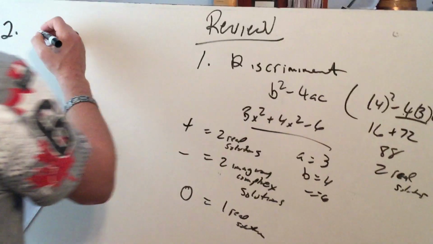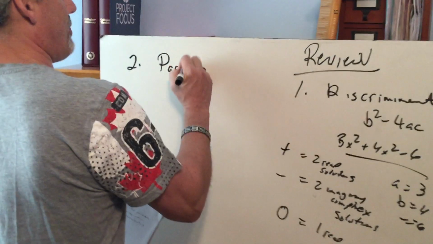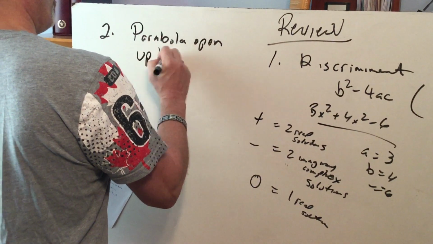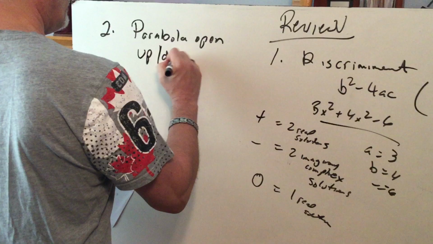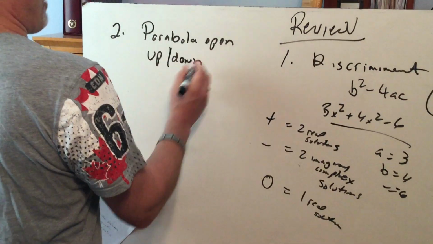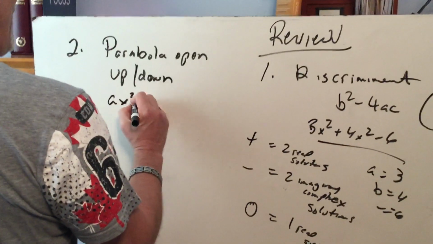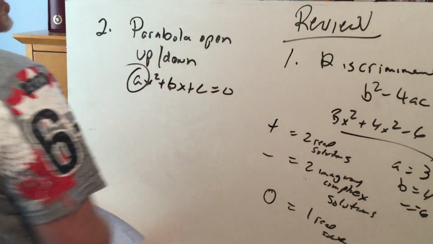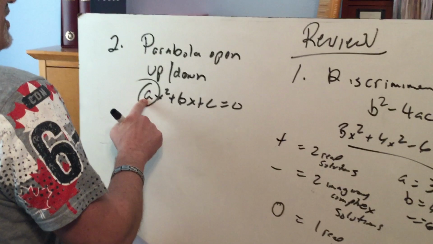The second thing we did is, does the parabola open up or down? How do we know? When we look at ax squared plus bx plus c equals 0, standard form, all that we care about is the a, the number in front of the x squared.